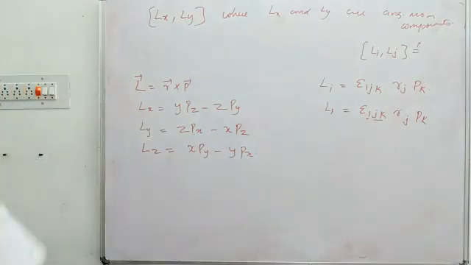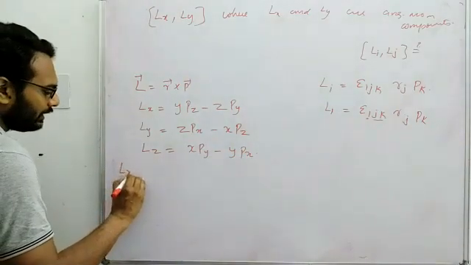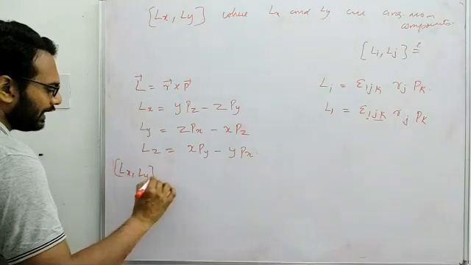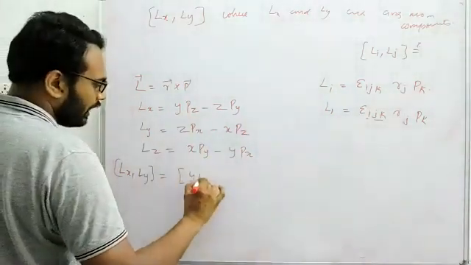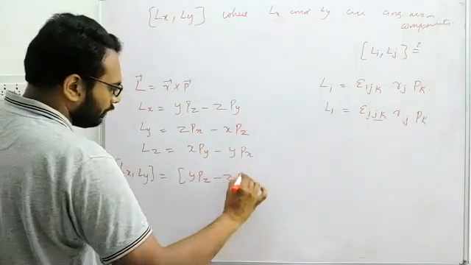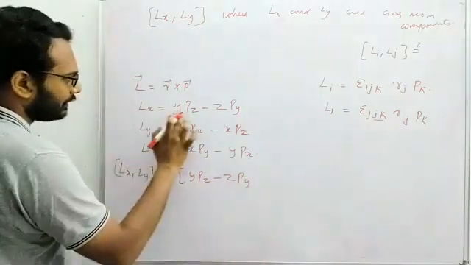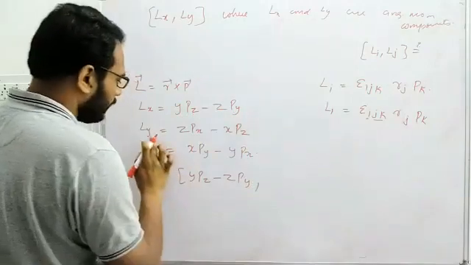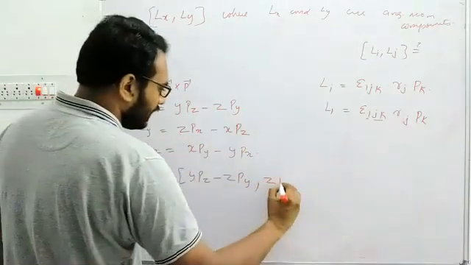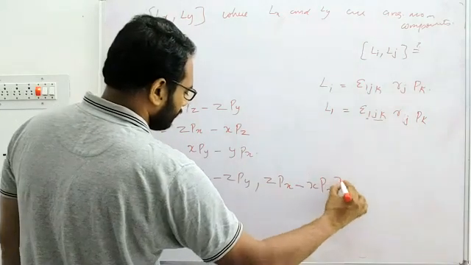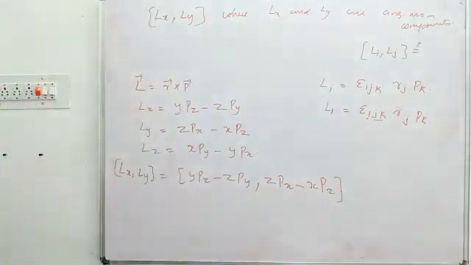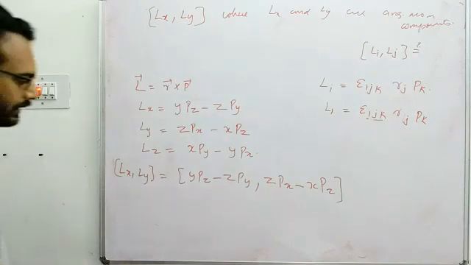So what's the bracket of Lx with Ly? Lx is y pz minus z py, and Ly is z px minus x pz. Be careful. At first, we'll just write down all the terms, using the distributive rule.